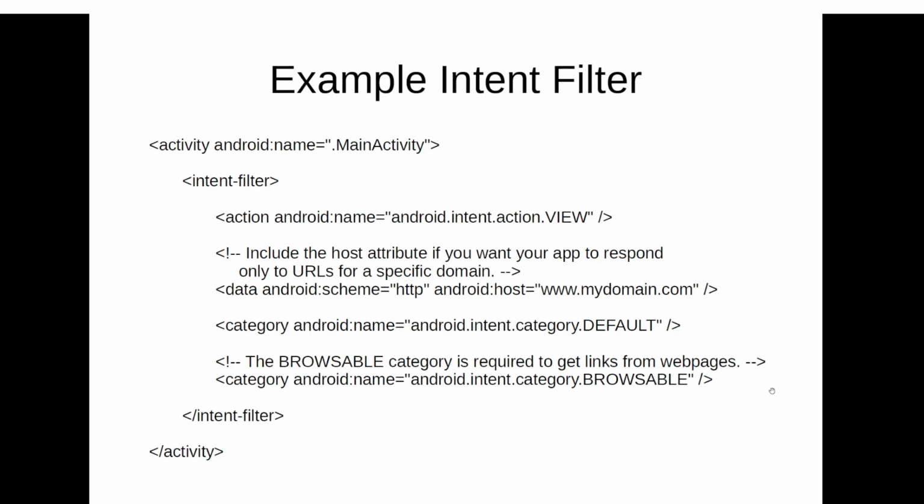Here we see that this intent filter specifies the view action. Additionally, it has a data element where the scheme or protocol HTTP is specified, and it has the host or server attribute www.mydomain.com.